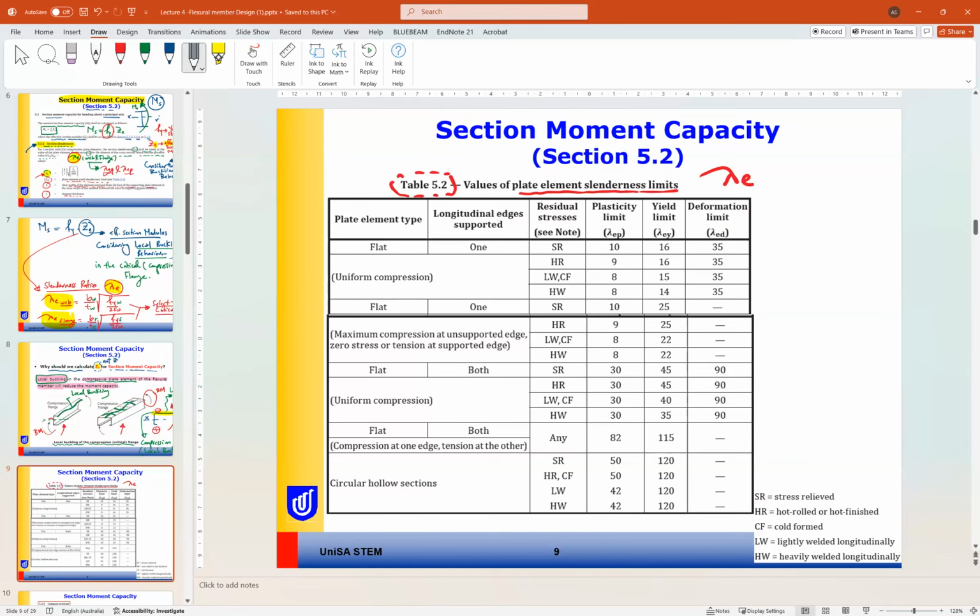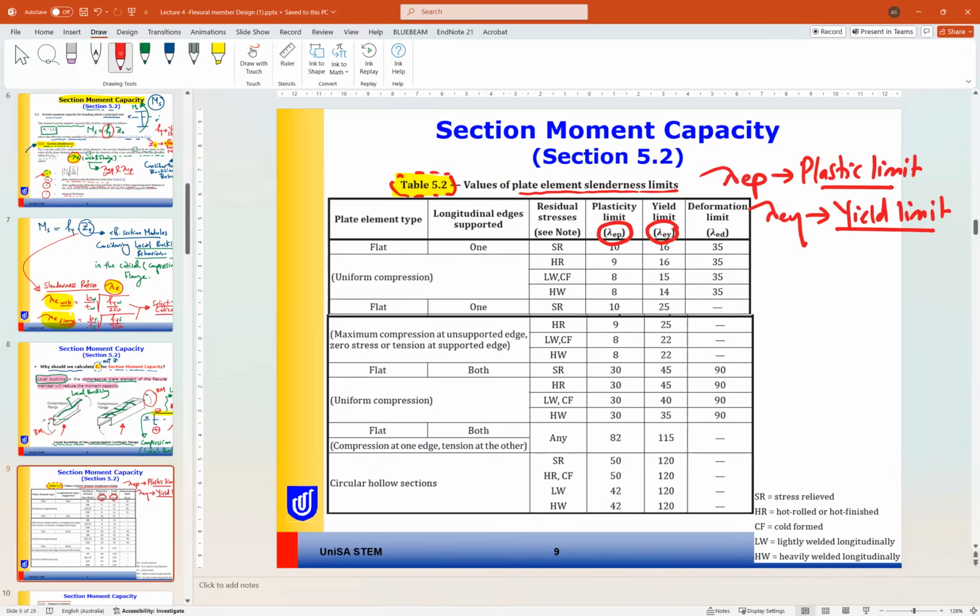So table 5.2 will give us the limits for lambda E. The two limits we need are lambda EB and lambda EY. Lambda EB is the plastic limit for lambda. Lambda EY is the yield limit for lambda.